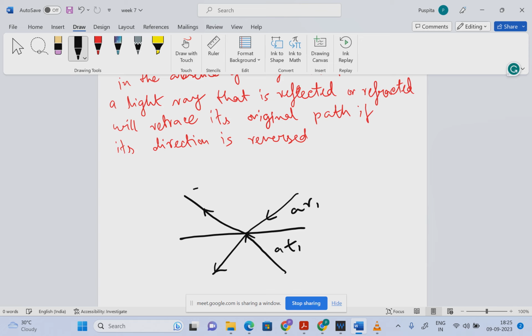So this will be A T1 T2, and it will be A T1 R2 because of reflection.